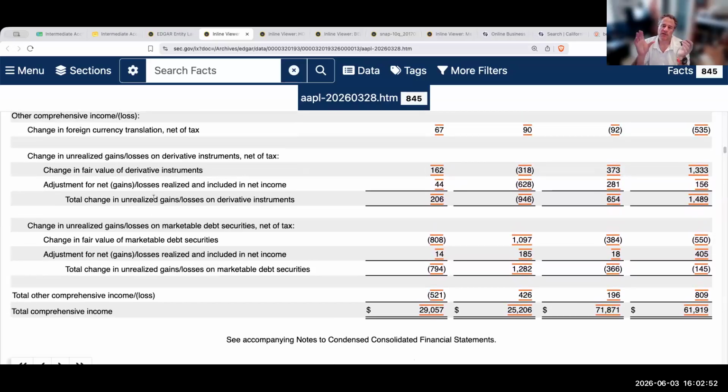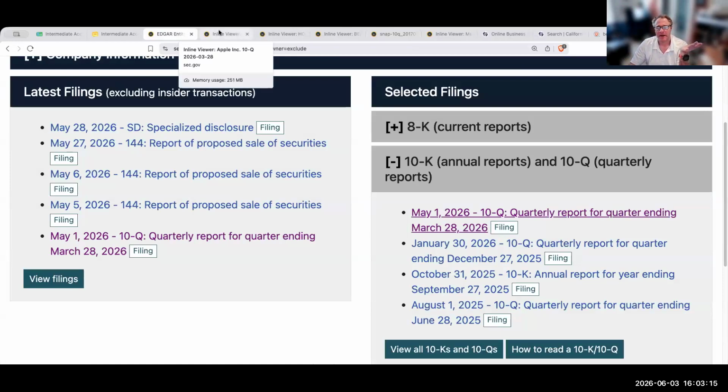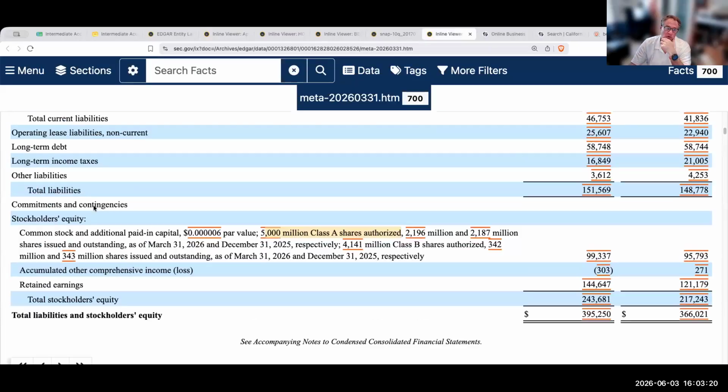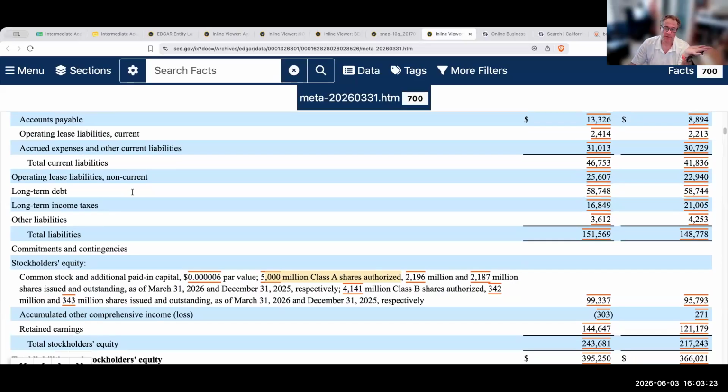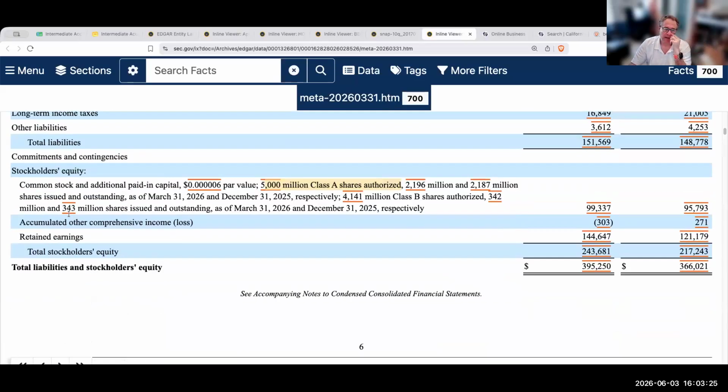So when we look at a statement of owner's equity, I'm assuming all of you are familiar with retained earnings. It's our beginning retained earnings plus our net income minus our dividends. So when we look at the components of owner's equity, we've got that retained earnings component, and then you've got the accumulated other comprehensive income and loss.